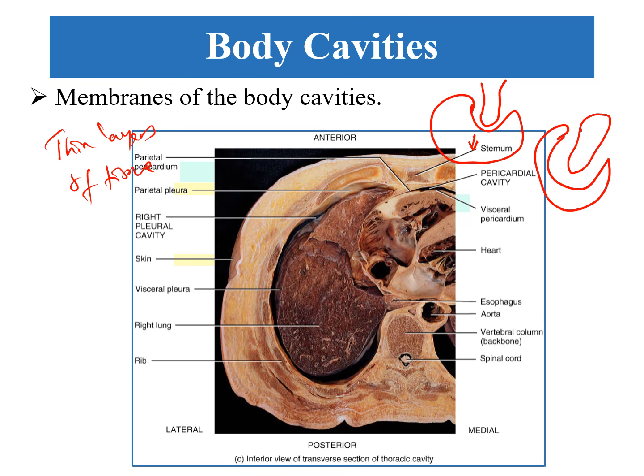So you have an organ that is surrounded by this membrane, and this membrane, which has two layers, the layer that is surrounding the organ is known as the visceral layer. And then the layer that is surrounding the body cavity in which this organ is located is known as the parietal layer.